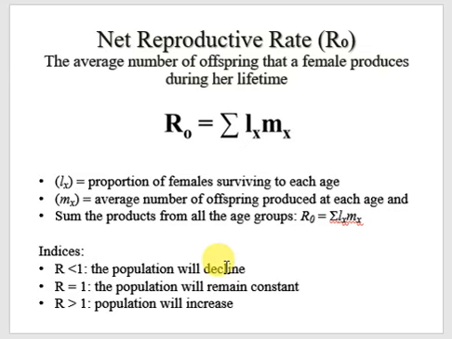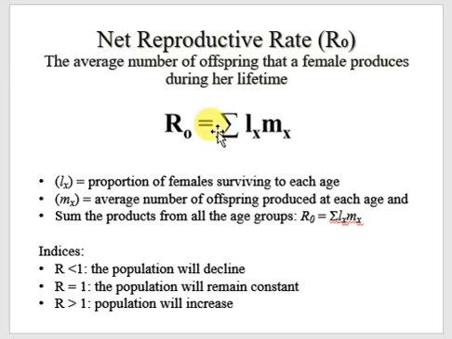The rate for that cohort is obtained by multiplying the proportion of females surviving at each age, represented by lx, by the average number of offspring produced at each age, represented by mx, and then adding the products from all of the age groups together. The sum of the products of all of these age groups allows you to calculate your net reproductive rate.